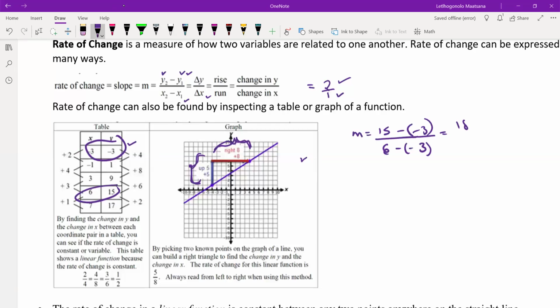The top will get 18 and here we'll get 9, giving us 2. So for each one that my x changes by, my y will increase by 2 points.